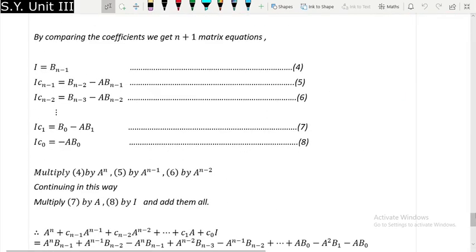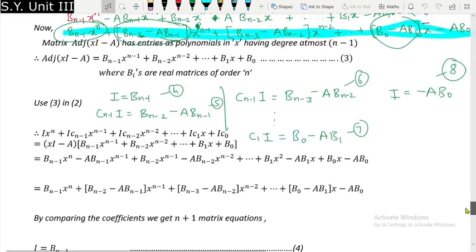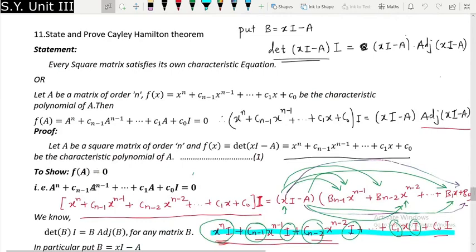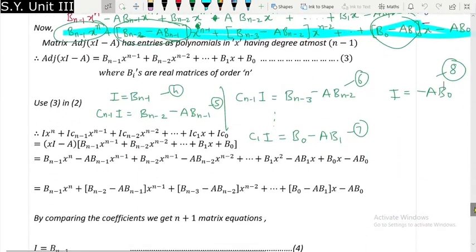Now what is our second term? Our second term is cn minus 1 a raised to n minus 1. If you see our fifth equation, we already have cn minus 1. So we are supposed to multiply this fifth equation by a raised to n minus 1 in order to get cn minus 1 multiplied by a raised to n minus 1.